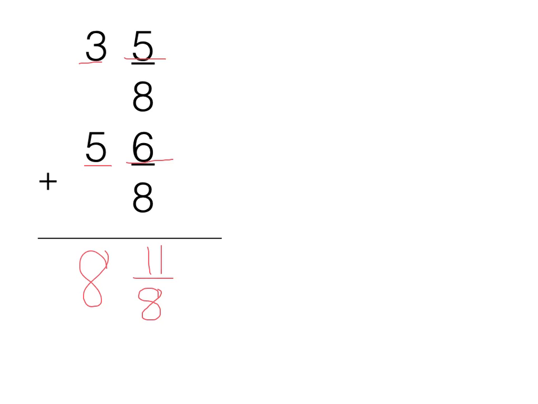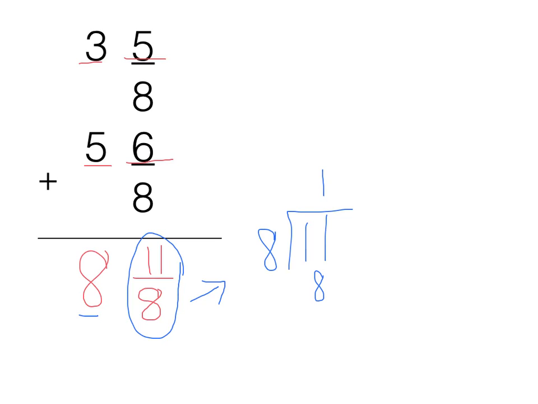But I know that I cannot have a mixed number with an improper fraction. So I have to change 11/8 into a mixed number and add it to my 8. If I divide 11 by 8, I know 8 goes into 11 one time because 1 times 8 is 8.